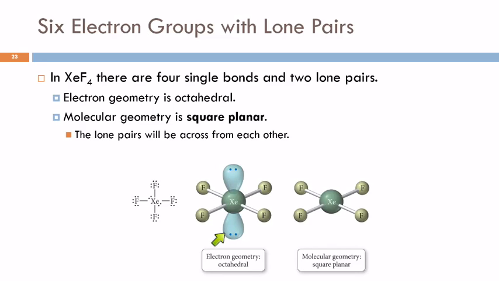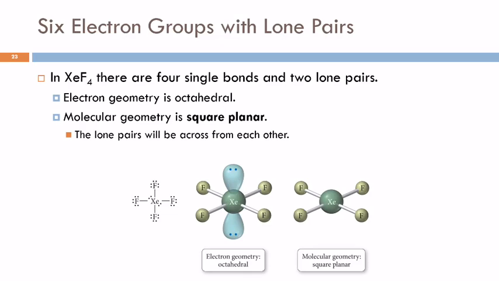So if we put 1 lone pair here, the other lone pair, being a space hog, a bully, very repulsive, is going to go on the other side. Lone pair repulsions are the largest, and so these guys are going to get away from each other. And then we make those invisible, and what we have left here is square planar.